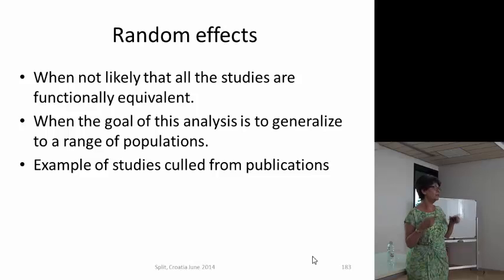Plus, what makes me crazy is when people use a fixed effect model and then do subgroup analysis or a covariate analysis anyhow. I mean, you can't have your cake and eat it too, right?